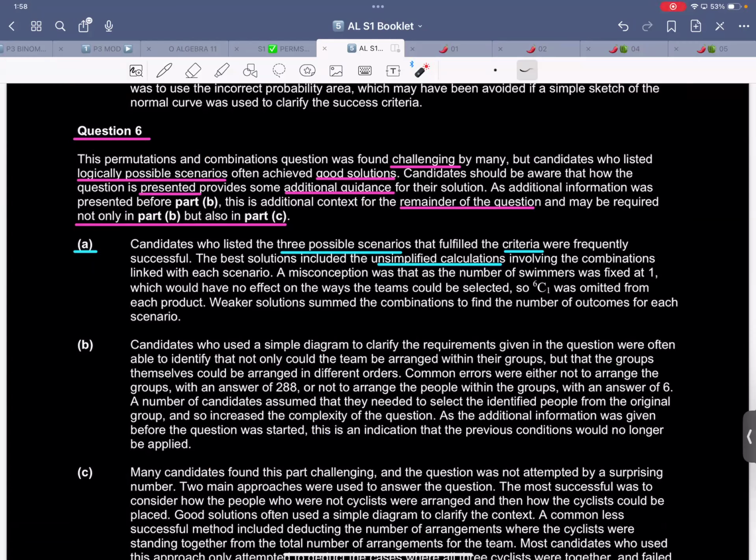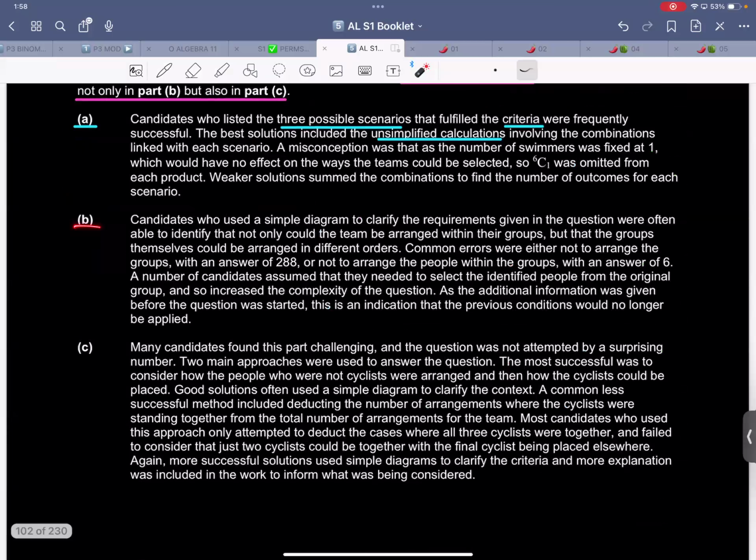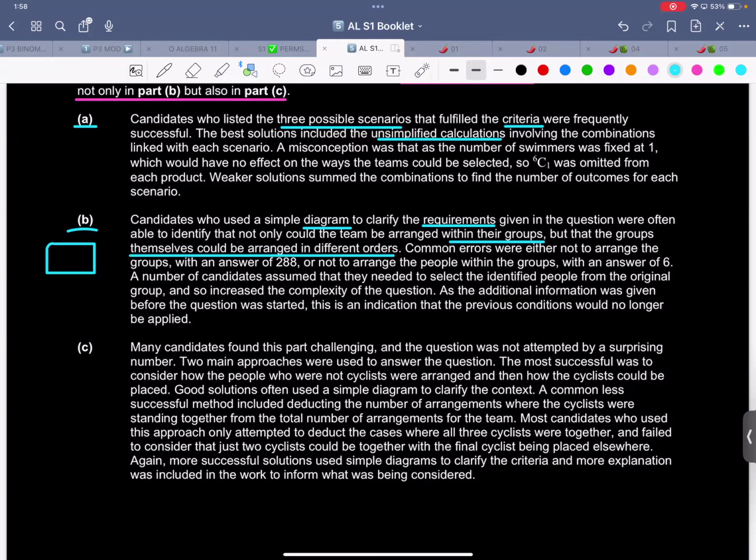So that was wrong. Part B, candidates who used a simple diagram to clarify the requirement given in the question were often able to identify not only that the team could be arranged within their groups, but that the groups themselves could be arranged in different orders. So, I mean, those boxes. Let me just draw a box over here. So boxes were necessary.